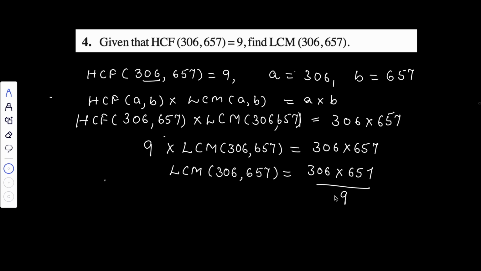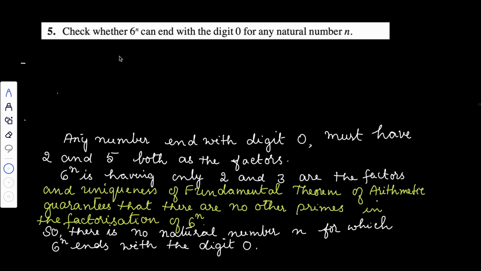So we can simplify this. 9 can be cancelled, even both the numbers, because that is HCF. When we simplify this, you will get 22,338. We are going to the next sum.